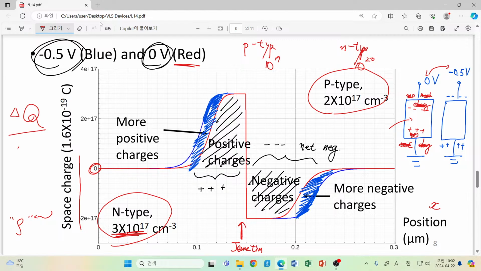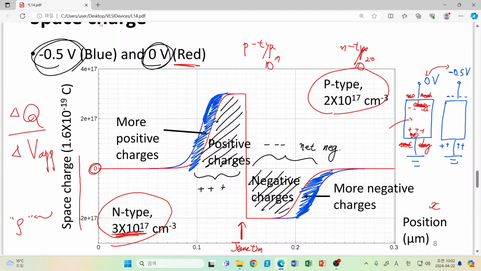Induced by the difference of applied voltage. Now you understand, if we have this kind of form, that corresponds to a differentiation, and that differentiation will give us a certain quantity. What is dQ over dV? That corresponds to a quantity called capacitance.